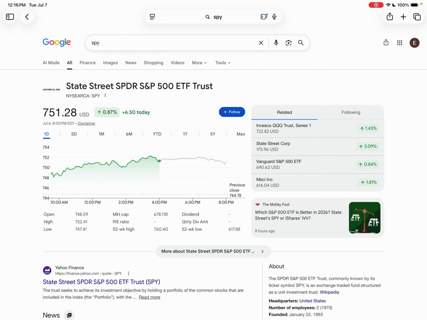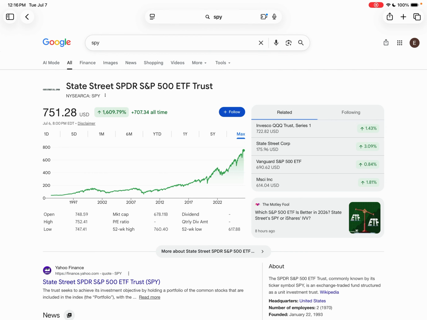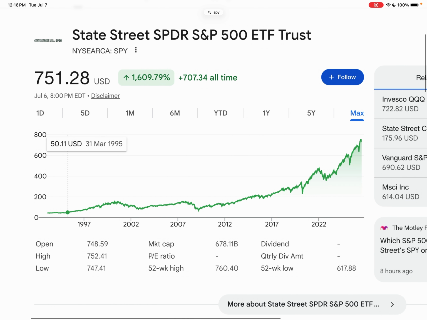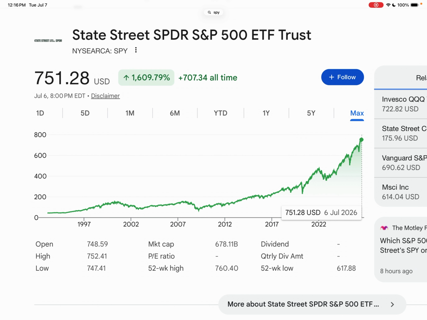This is the S&P 500 ETF. Basically, it tracks the performance of the 500 largest companies in the US. We'll go to max. We have data starting back in 1993 up until now, and you see it's in an upward trend. That's the US stock market.